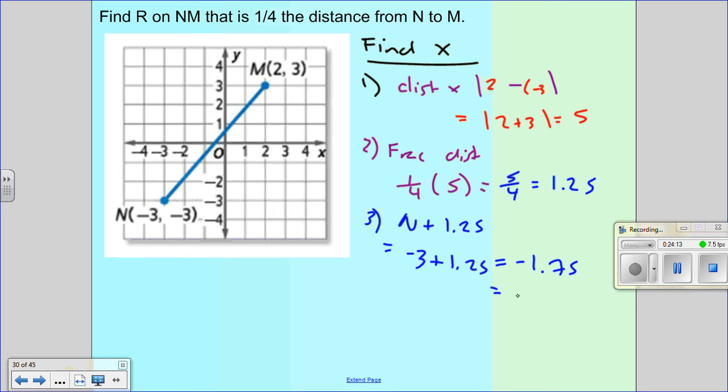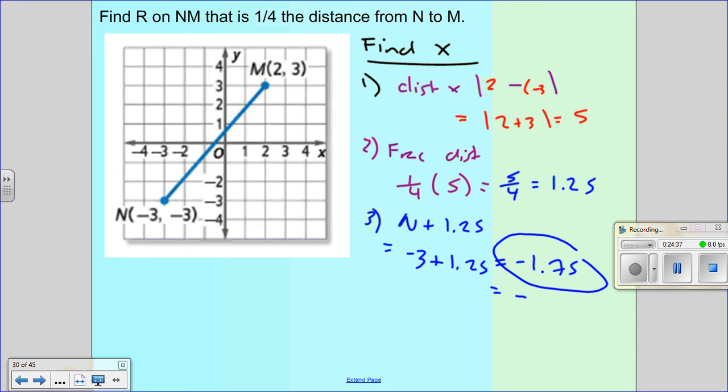Or as a fraction, a negative... Hmm, I'm stumped for a second. I'll come back to you on that. So this negative 1.75 is your new x value.